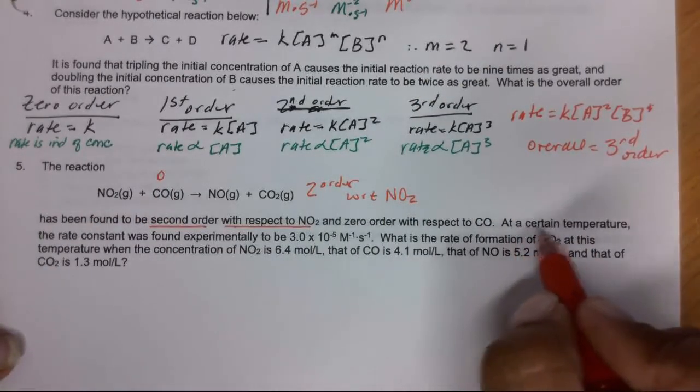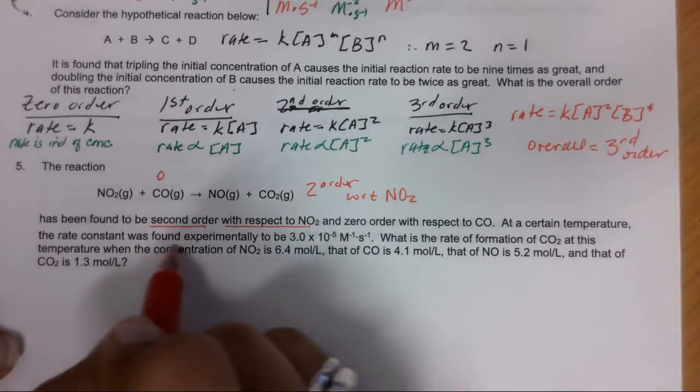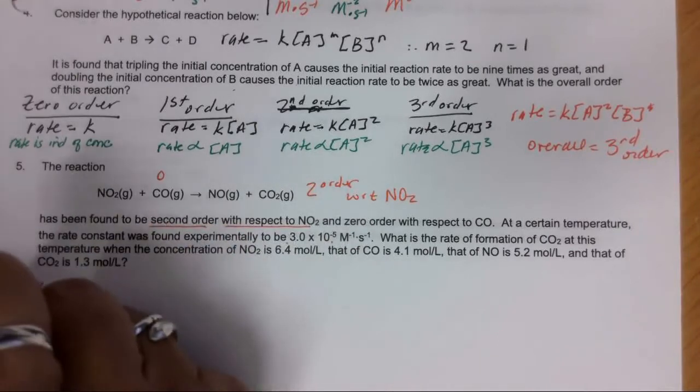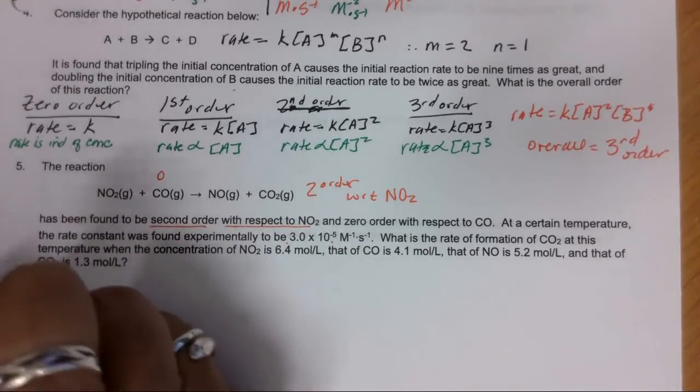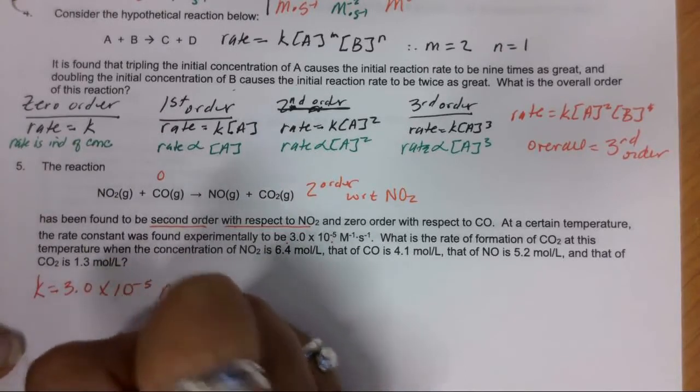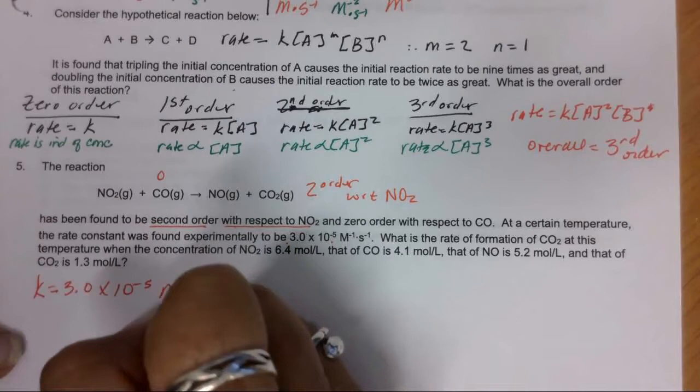All right, so at a certain temperature, the rate constant was found experimentally to be, so we're given K, where K is equal to 3.0 times 10 to the negative 5 per mole per liter per second, right?